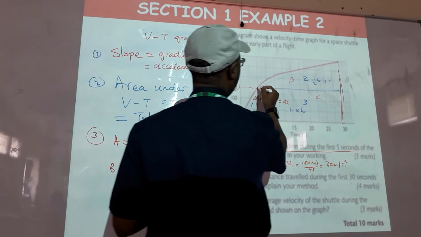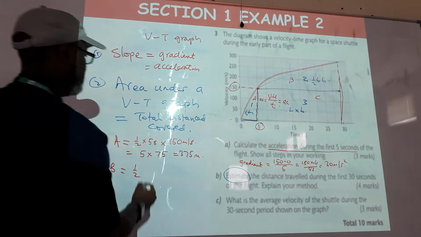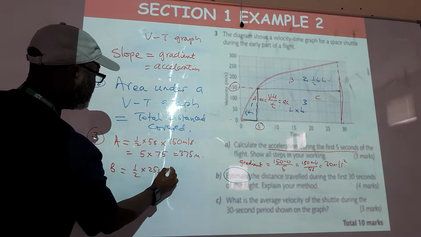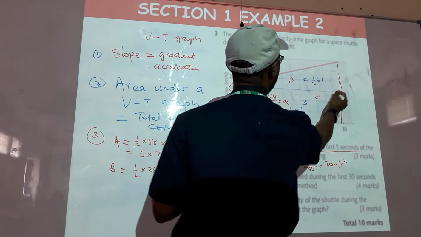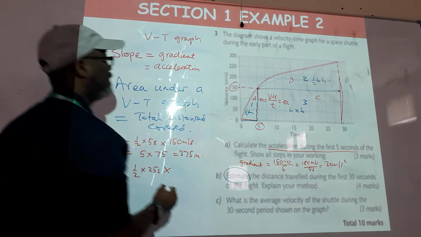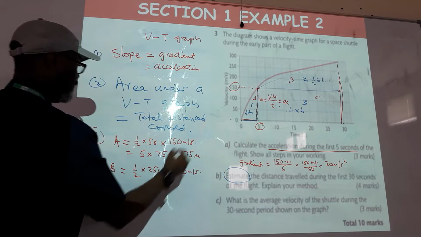And the B part will again be a half. The base here is from 5 to 30, that's 25 seconds, and the height here is from 150 to 300, that will be 150 meters per second.